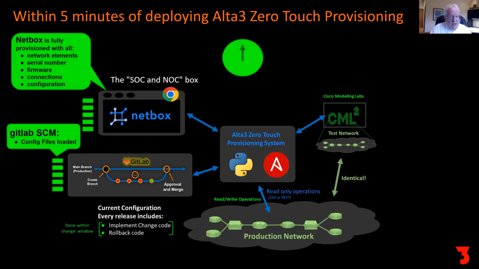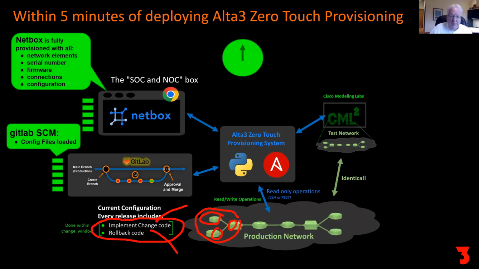But if I'm going to make changes to the network, then I need to write the code to do so. And every time I make a change, I'm actually going to plan out 2 things, not 1. The implementation change code and the rollback code. And I'm going to do that for every element that I may be changing in the network in order to implement some sort of a change.